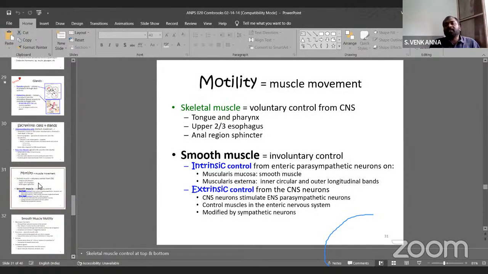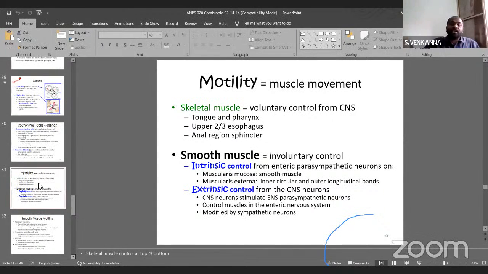Motility, muscle movement. Skeletal muscles are under voluntary control from the CNS. I told you that 10-15 minutes ago. Muscles are functionally of two types: voluntary muscles and involuntary muscles. The skeletal muscles are voluntary muscles, under control of the central nervous system.